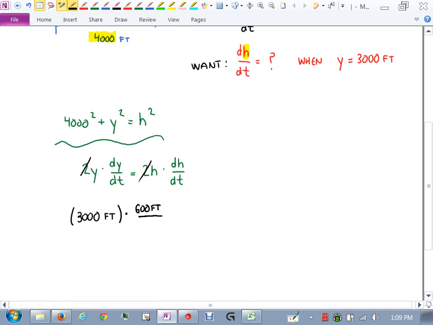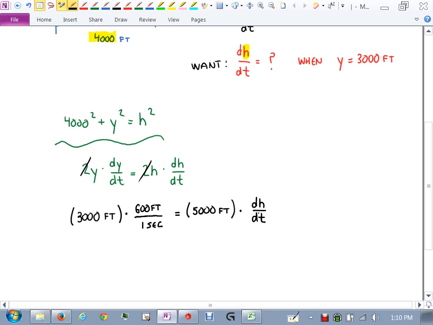So is it okay if I put over 1 second? Isn't that the same thing as 600 feet per second? Okay, equals h. What's h measured in? Feet also, right? So h was 5,000 feet times dh dt is what we're looking for, right?